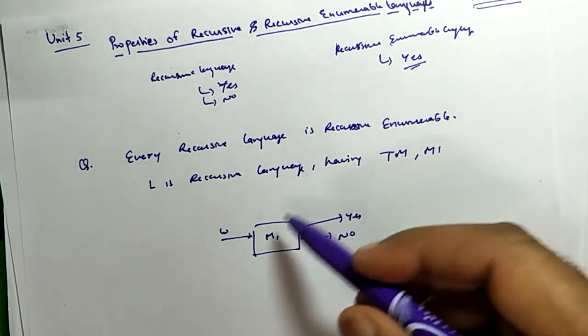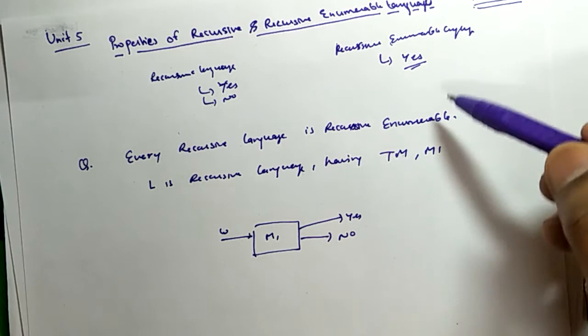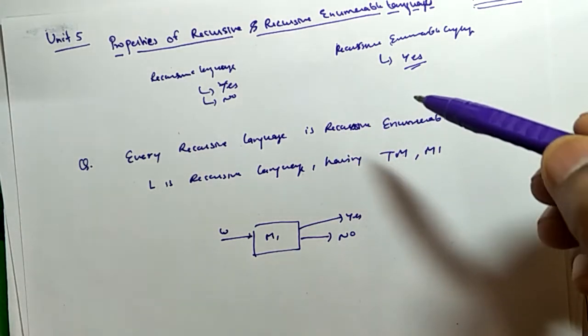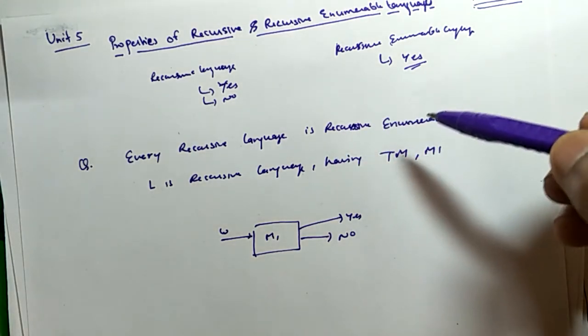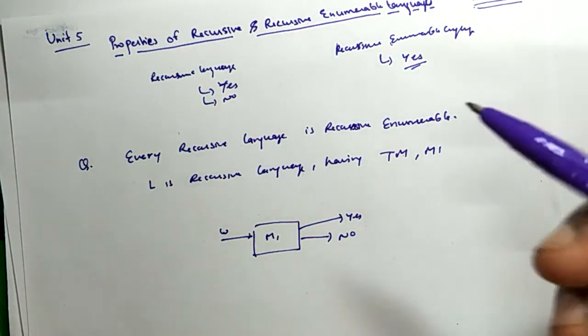If we have a Turing machine that can give the answer in yes, we can design a Turing machine for a recursive enumerable language also, because in a recursive enumerable language we have a Turing machine that can give the answer in yes only.